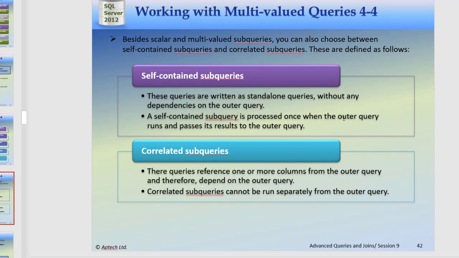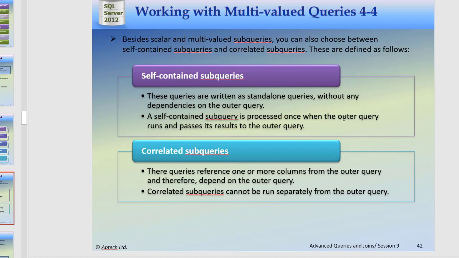Now, besides scalar and multi-valued subqueries, you can also choose between self-contained subqueries and correlated subqueries, and these are defined as follows. Self-contained queries are written as standalone queries without any dependencies on the outer query.